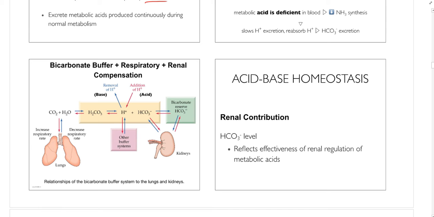When we look at a bicarbonate level in the ABG, that reflects how much bicarbonate is being taken up at that time by any overload or underload of acids, because bicarbonate is a buffer.